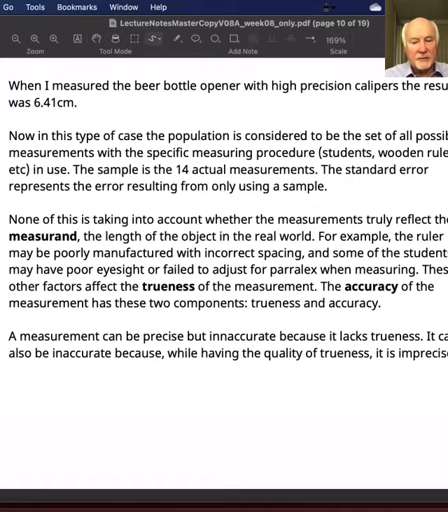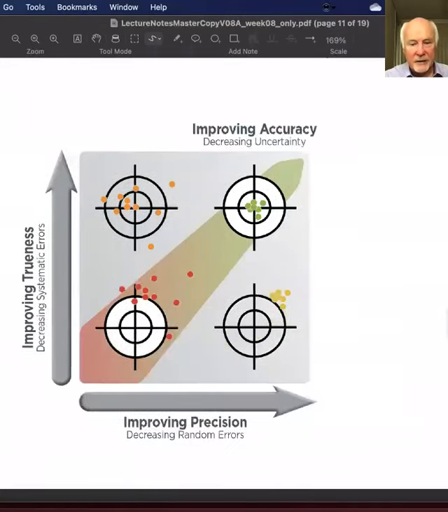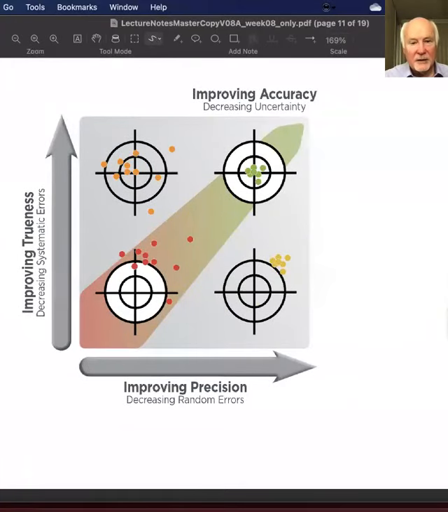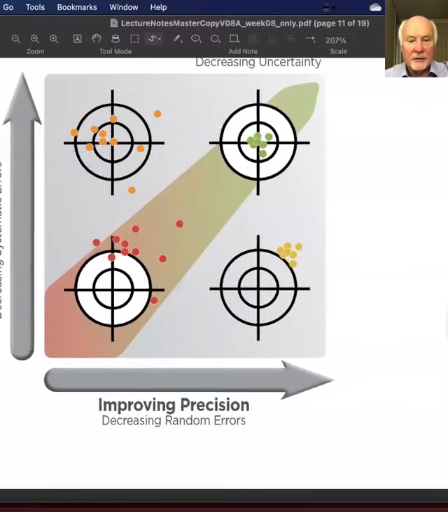It has to do with, if you kept repeating the measurement, how close would the measurements be to each other? Essentially, that's the idea. So with physical measurements, we use this terminology, trueness and precision, and together they are the components of accuracy.